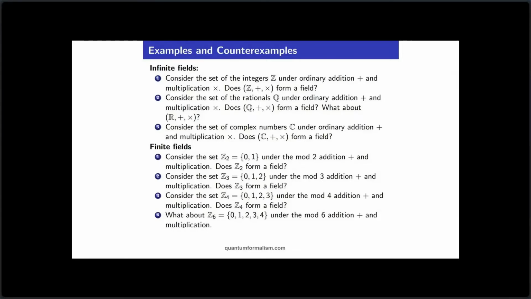So this question here: Z is clearly not a field, right? Does anyone have doubt that Z, the integers with addition and multiplication, is not a field?